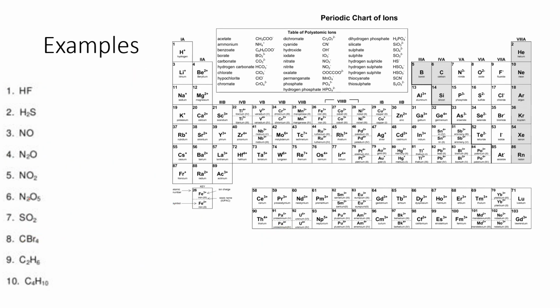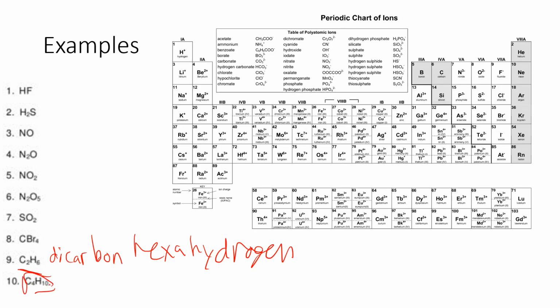This next one, we don't really name it like this, but if you were to, it would be dicarbon hexahydrogen. No, we don't really name these compounds, they're organic molecules, so we don't name them with this method. So forget these two examples.